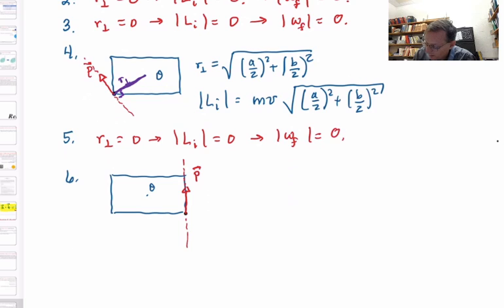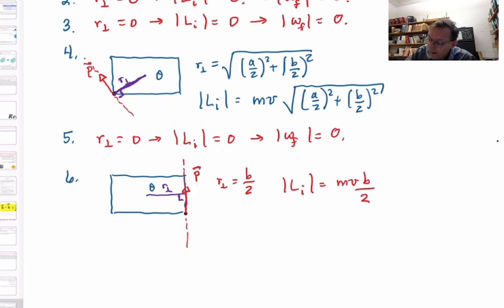So now I need the moment arm, the perpendicular distance from O to that line of action. That would go right like that. But that means that's half the width, or length if you like. B over 2 is what that would be. Yes? So L initial is mvB over 2.